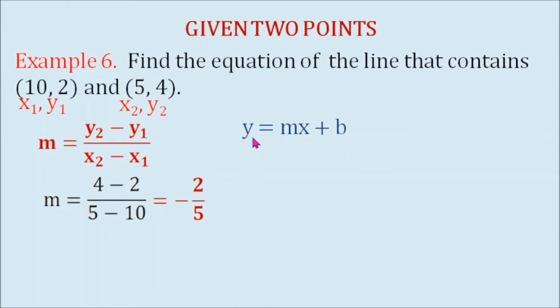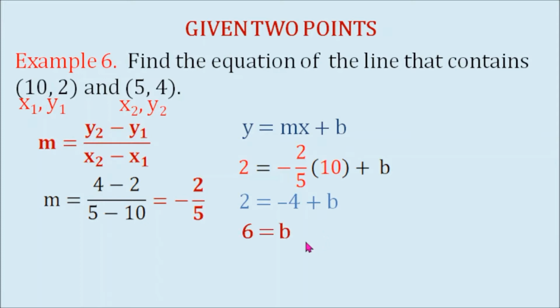Now substituting y with 2, m with -2/5, and x with 10, we have this equation. 2 equals -2/5 times 10 plus b. -2 times 10 divided by 5 is -4. So we have 2 equals -4 plus b. Then adding 4 on both sides of the equation, we have b equals 6.